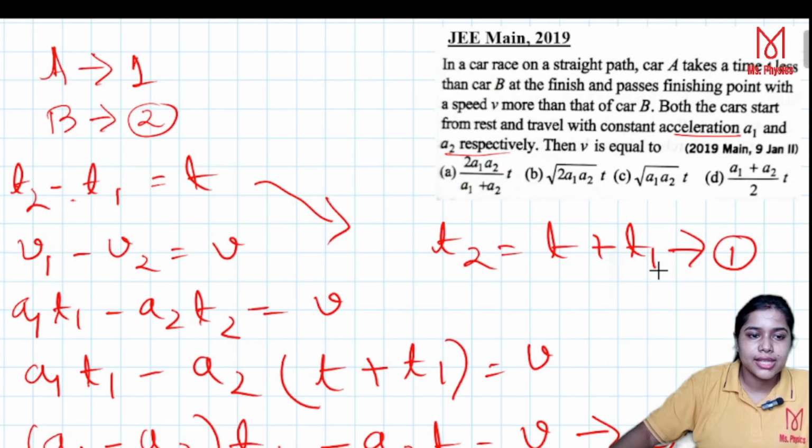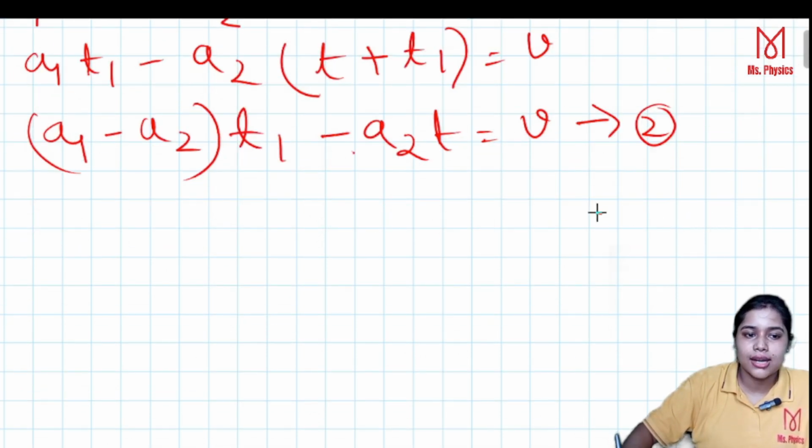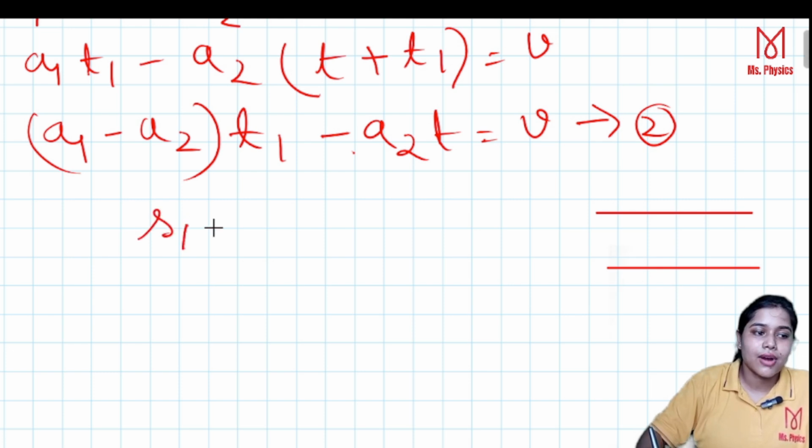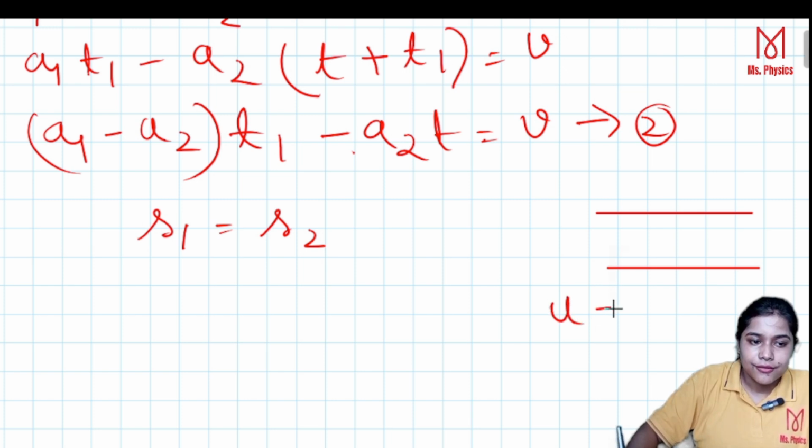Now one more thing we can write from this problem: since both the cars travelled the same distance, car 1 and car 2 travelled the same distance. So we can write S1 is equal to S2. Can we write it or not? Now S is equal to, as we know, ut plus half at square. Since it is from rest, u is equal to 0.